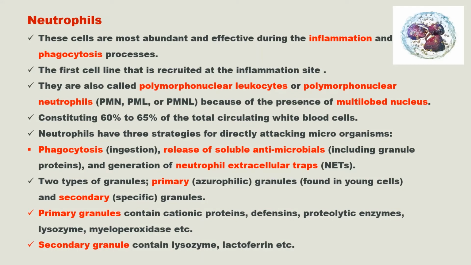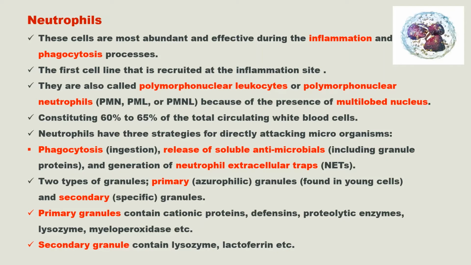Neutrophils. These cells are most abundant and effective during inflammation and phagocytosis. So neutrophils play an important role in inflammation and phagocytosis. In our previous video, we discussed inflammation and the role of neutrophils in it. Neutrophil is the first cell line recruited at the site of inflammation.